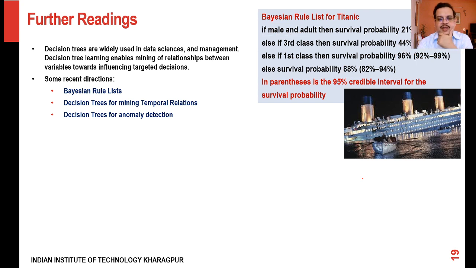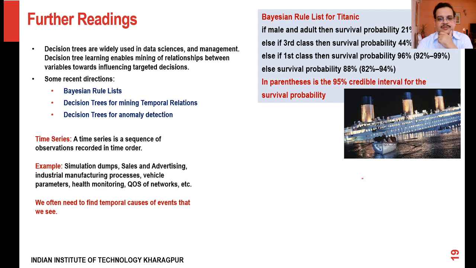Decision trees for mining temporal relations is something which is gaining in significance, and in our research group also we are looking at this. As you know, time series constitutes a very important type of data where you have data coming over time.